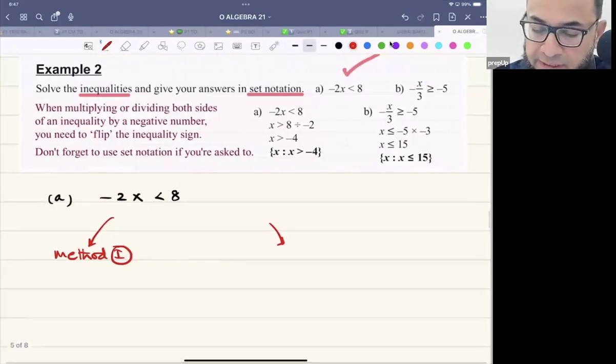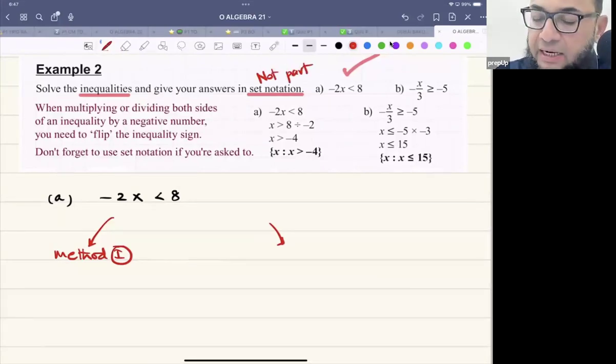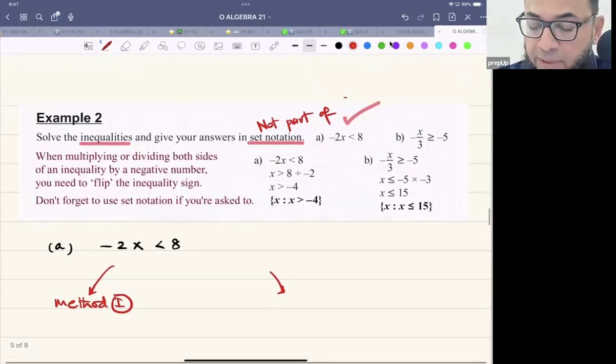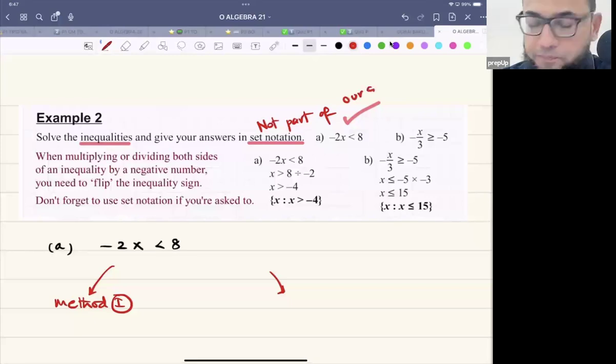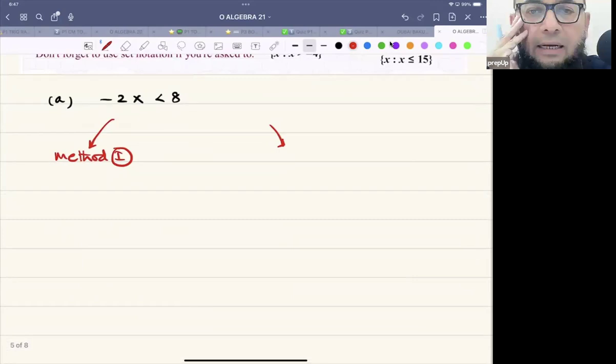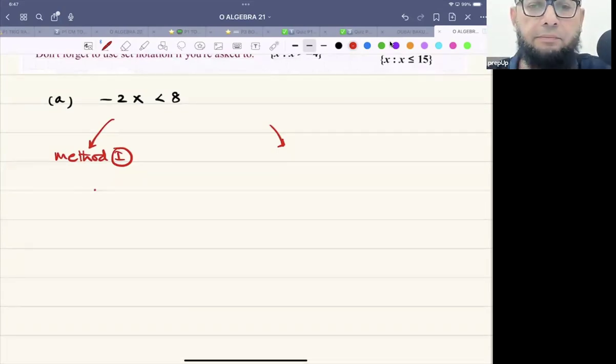Method 1, shift the places. So the less remains. This 8 goes on the other side. This becomes negative 8. This negative 2x goes on the right side. It becomes positive 2x. Divided by 2, divided by 2. And then let's see what happens. So therefore, x is greater than negative 4. And that is the answer for this particular part.